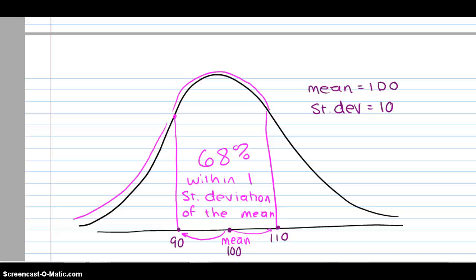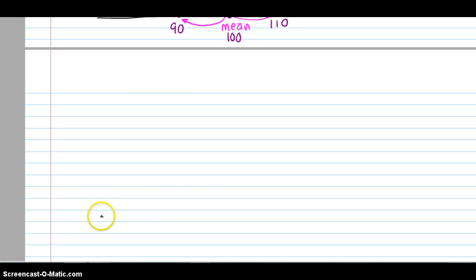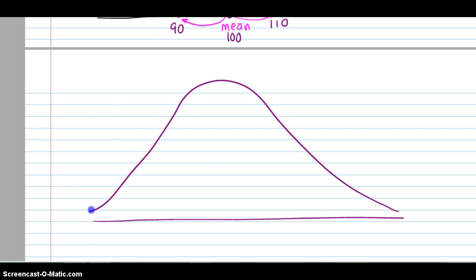Let's go out another standard deviation. If this is my inflection point that marks one standard deviation down from the mean, I go that distance again, and I'm 2 standard deviations down. If we let this be 100 with a standard deviation of 10, that puts me at 80 on the left side.